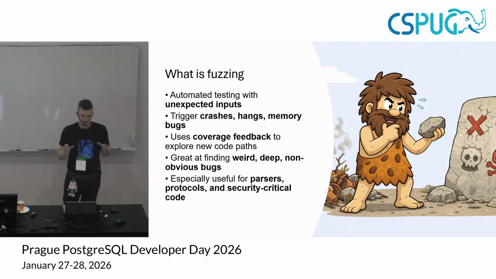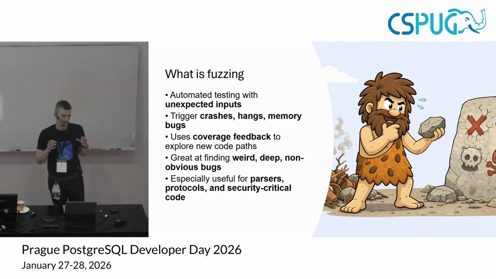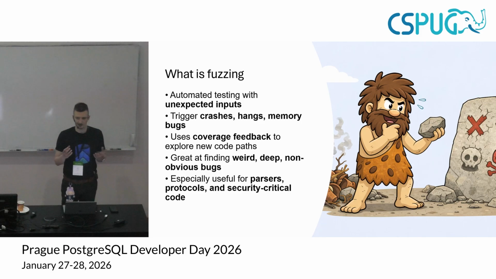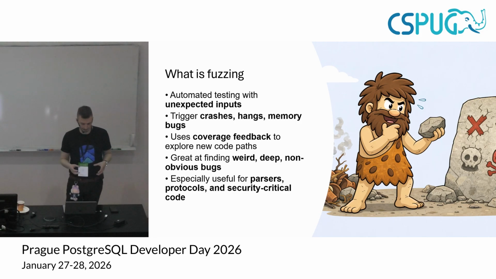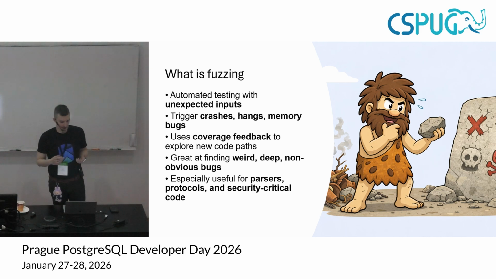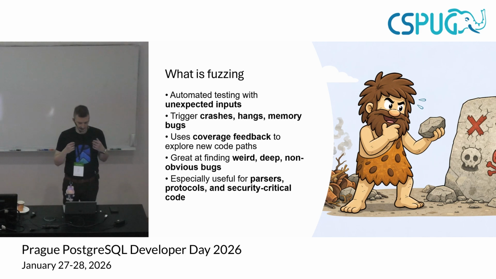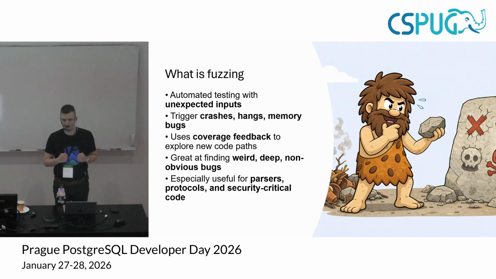So fuzzing is detecting unexpected inputs. You're trying to figure out what you can throw at the system to get as deep as possible. You want to trigger crashes, hangs, memory bugs. You can use the coverage feedback from what code paths were hit.